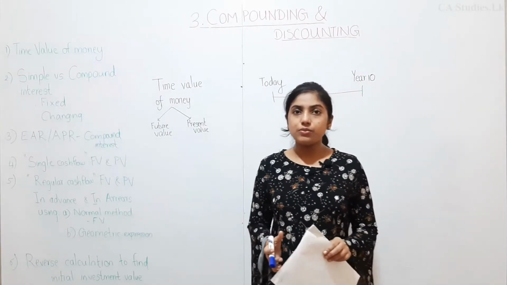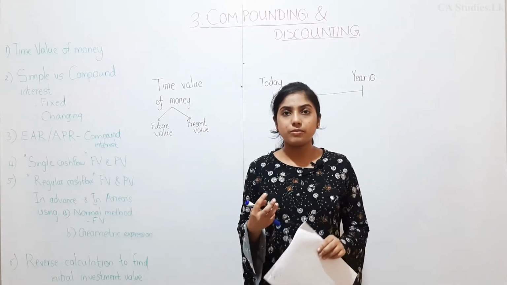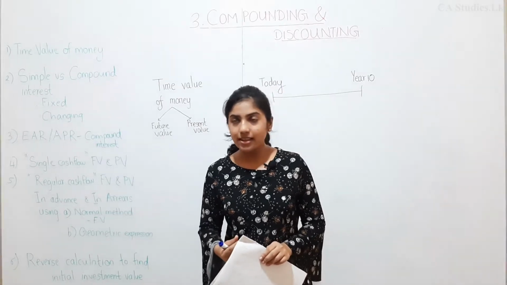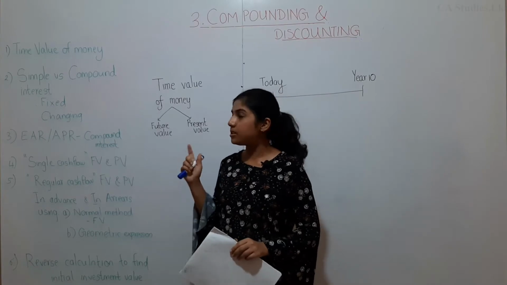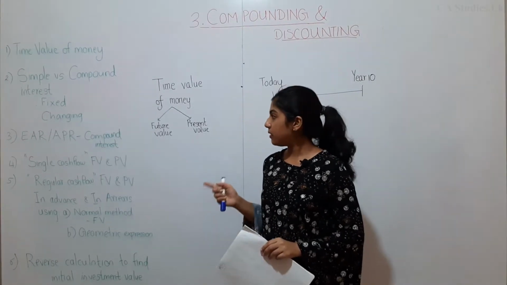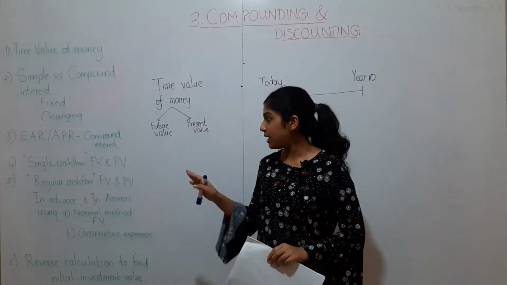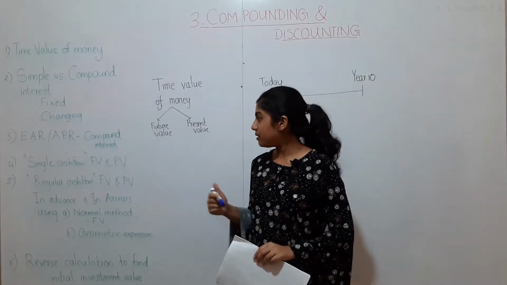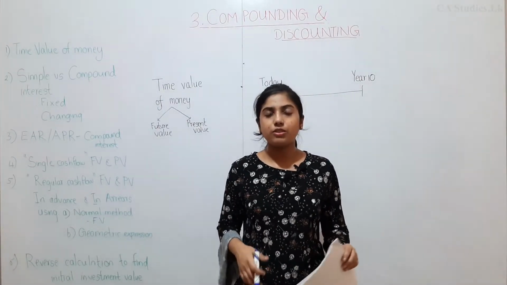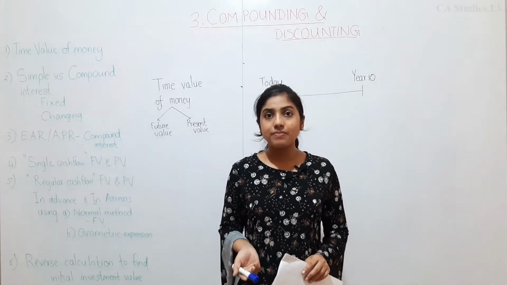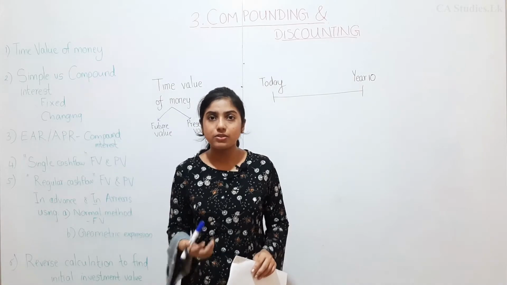Okay. So compounding and discounting, we will be introducing you in this chapter to the concept of time value of money, and with that we will discuss simple and compound interest rates, effective annual interest rates which relate to compound interest, single cash flow types under which we will calculate future values and present values, then regular cash flow types where we'll be calculating future values and present values.